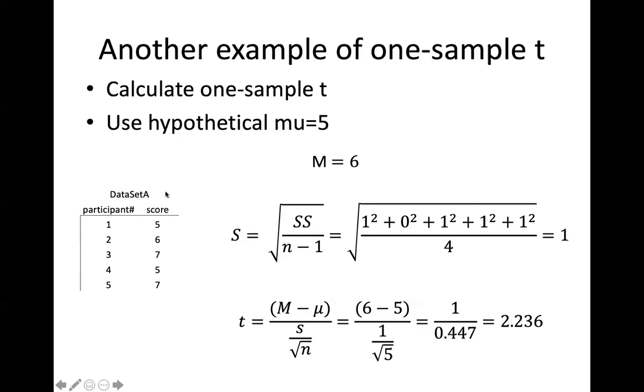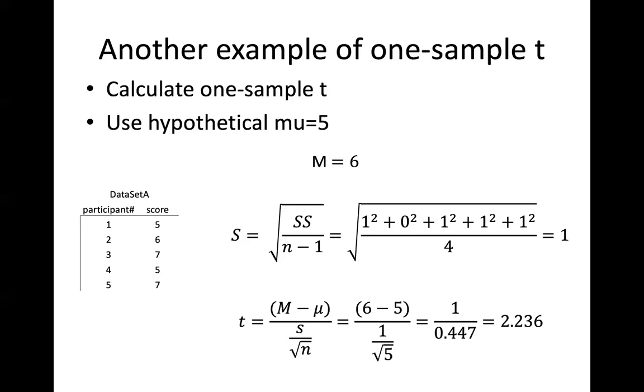No one remembers how to calculate degrees of freedom? Is it n minus 1? Yep, so what is n right now? It is n minus 1, people. So what is the degrees of freedom going to be? 4. 4 is correct. 4 is the degrees of freedom.